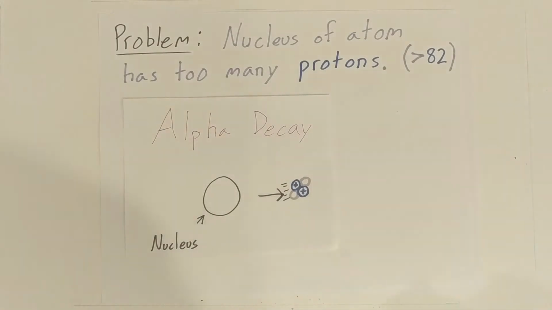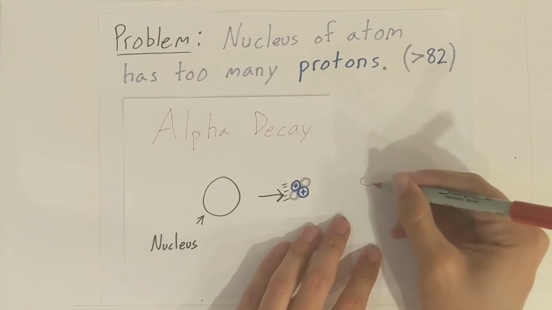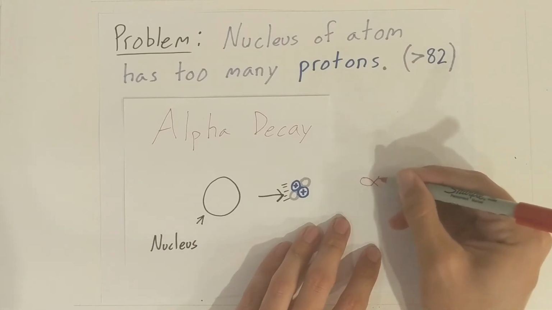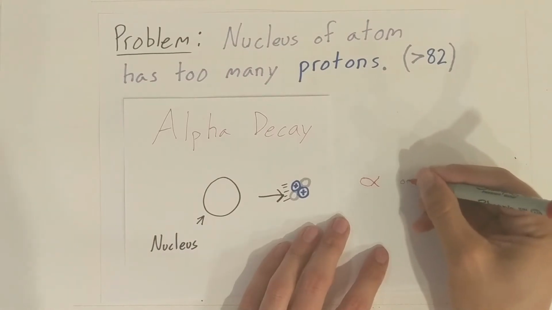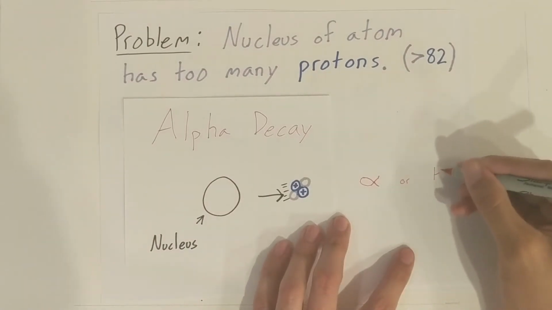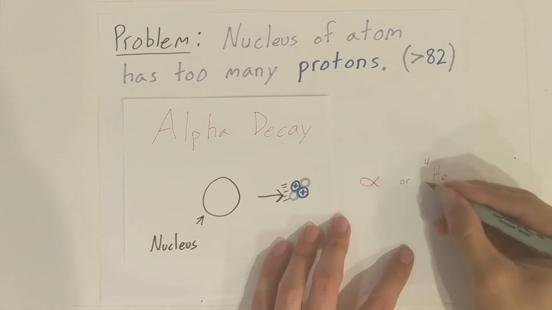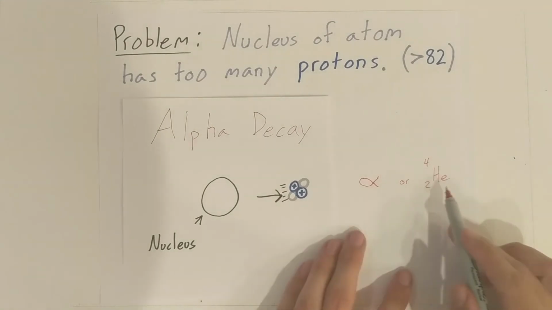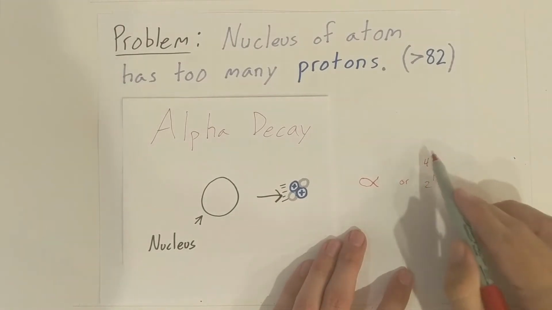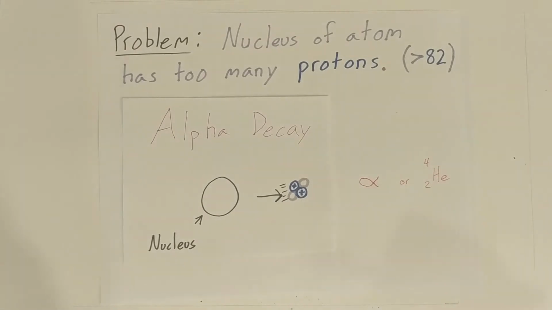So the way we can write this is we could write it like an alpha particle, just a Greek letter alpha, or we can write it like this, because this is basically the nucleus of a helium atom with 2 protons and a mass number of 4. So that is what alpha decay is.